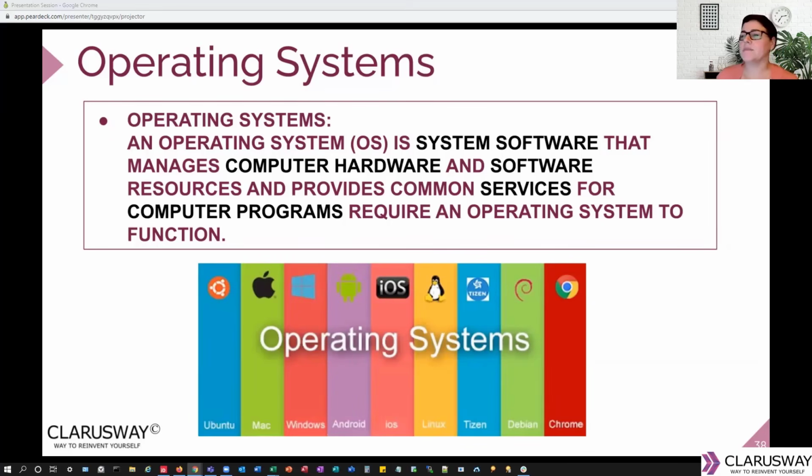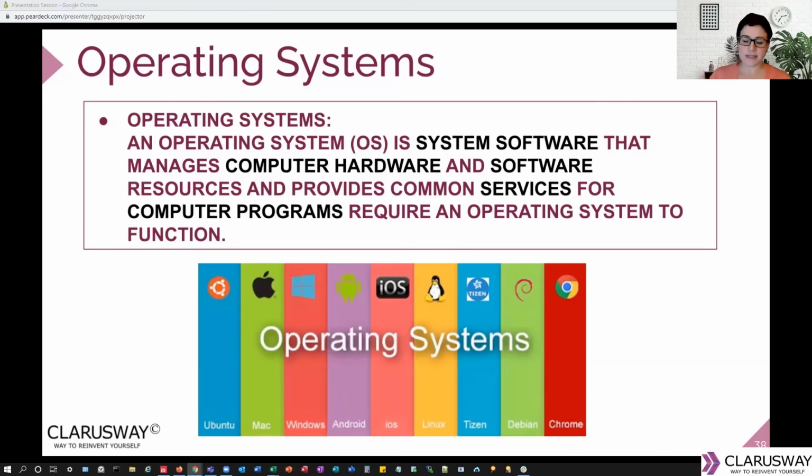One thing that comes to mind with operating systems is you have all these different applications, and every company could create their own program. But in order to get that program to run on a common device, that program needs to understand a set of common instructions in order to interact with that device.